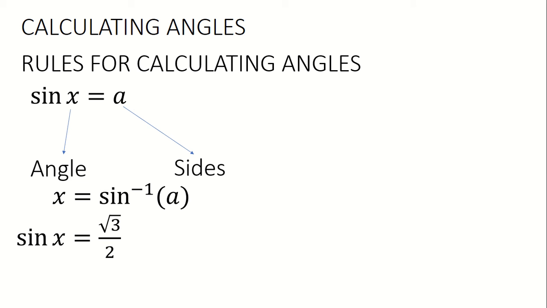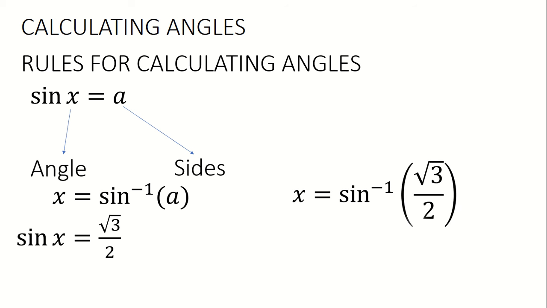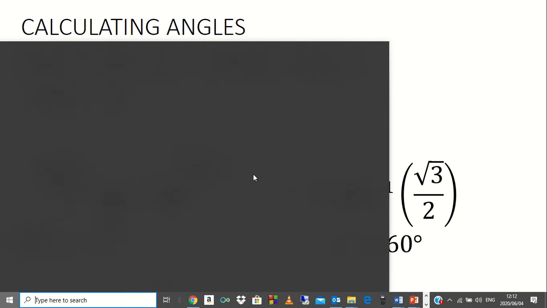To find x here, which is the angle, we will simply find arc sine of the square root of 3 over 2, which will be equal to 60, meaning that x is equal to 60. I'm going to show you how to calculate that using your calculator.